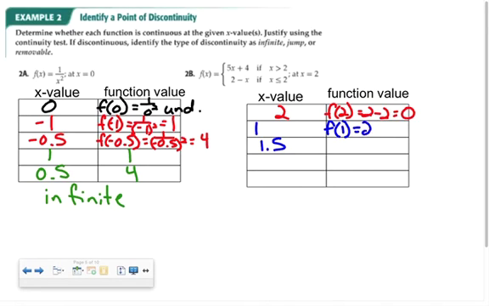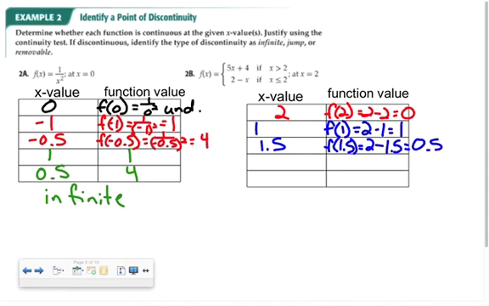So I have 2 minus 1 is 1. And then in the second one, I have 1.5. And I'm finding 2 minus 1.5. And that gives me 0.5.